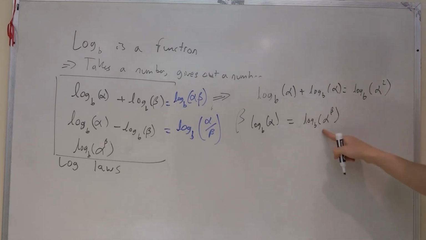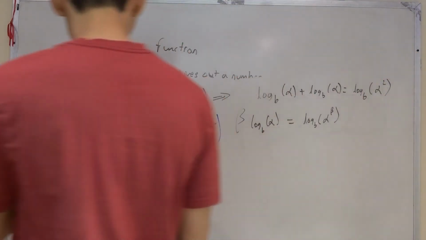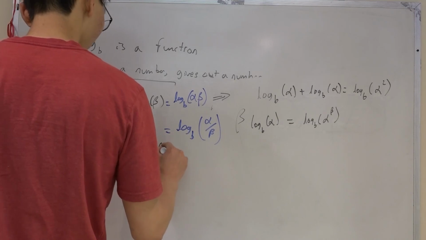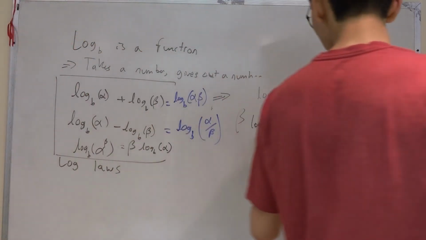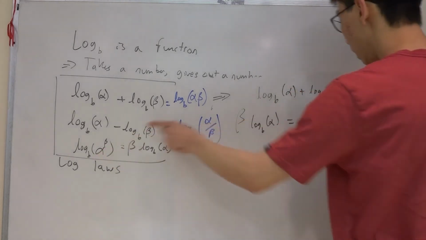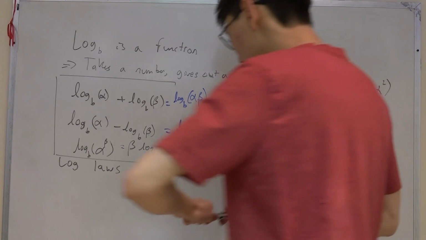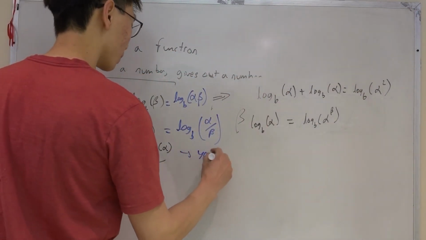And this is exactly what we were trying to do here. And so we've derived that beta times log B of alpha is the same thing as log base B of alpha to the beta. The quick way of remembering this rule: you can pull out exponents.